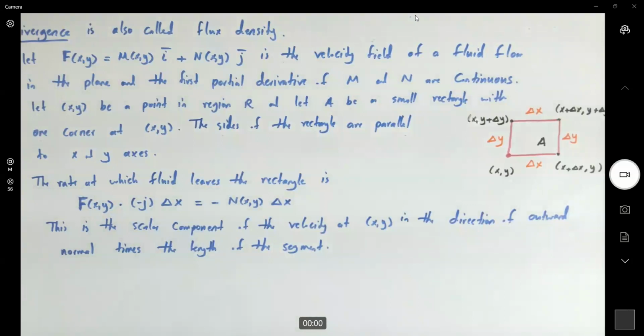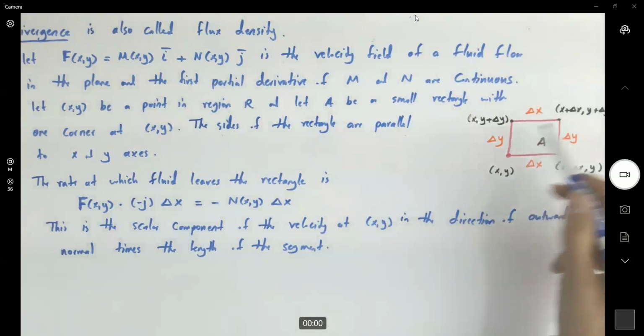Now let us just check the rate in the direction of each side.